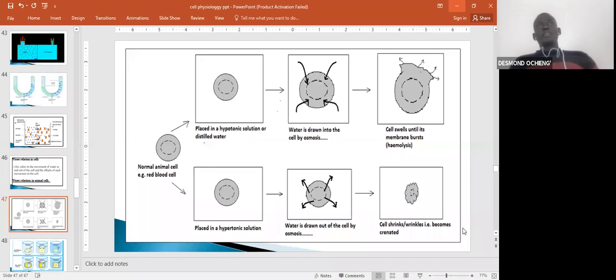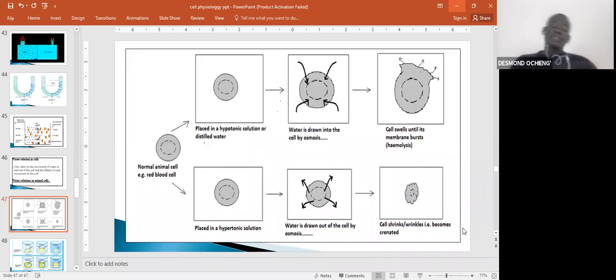So we know what an animal cell is made of. There are those cell structures or organelles which are only found in the animal cell and not in the plant cell. For example, animal cells have a cell membrane. The plant cell has both a cell membrane and a cell wall. You know that.